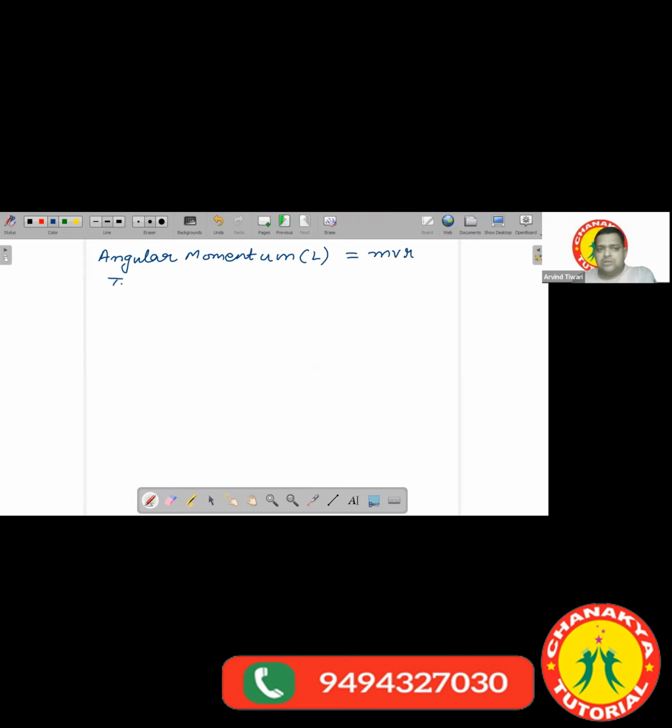You have torque, given by R cross P. Then you have velocity gradient. These are terms which you have not heard, but since I have provided the formula, you should try to write.